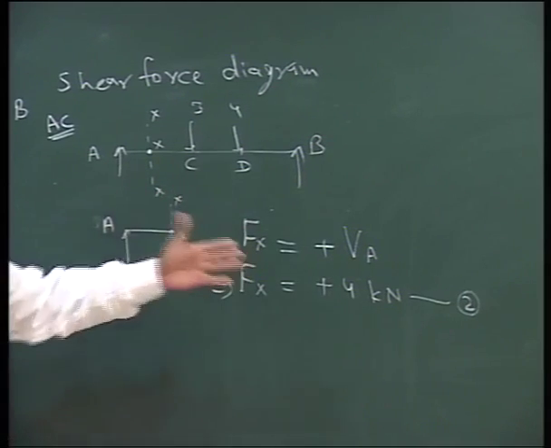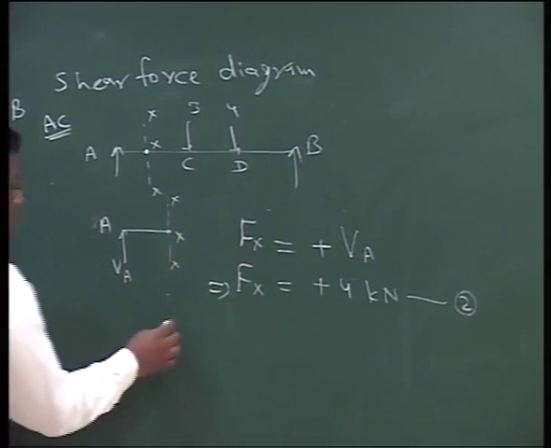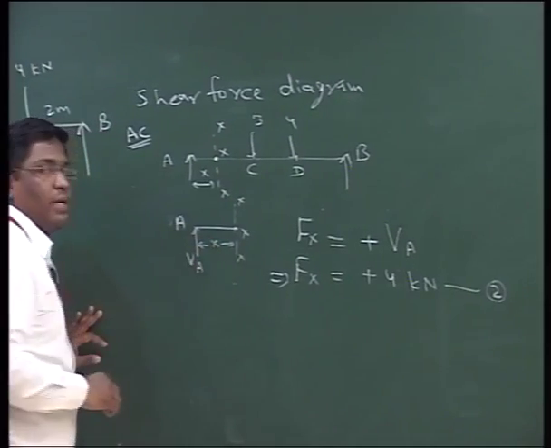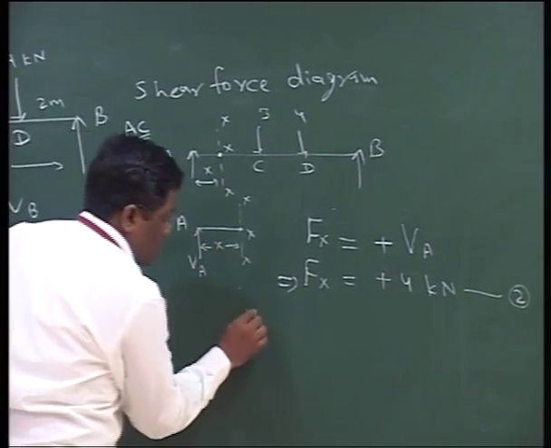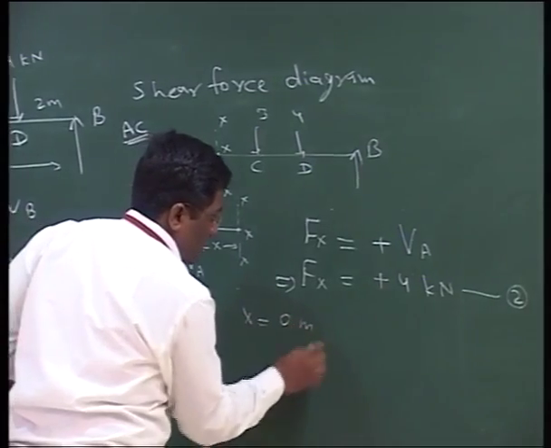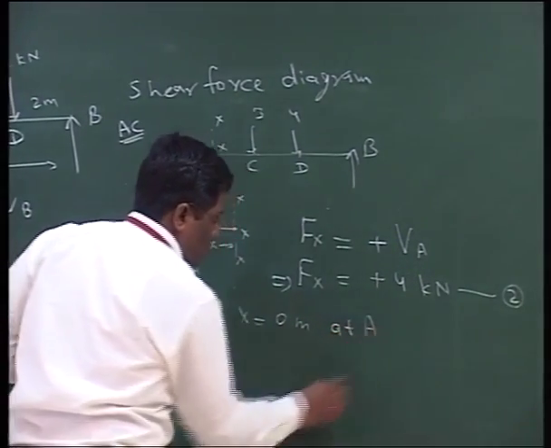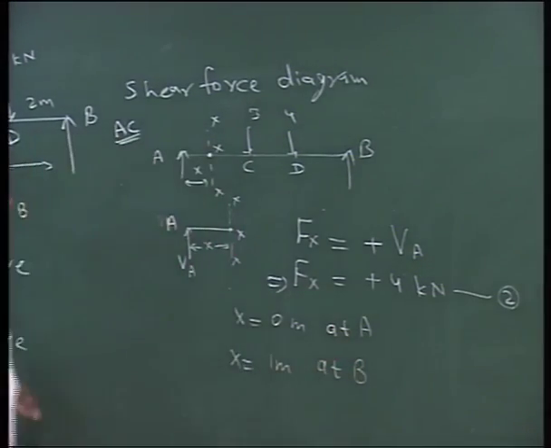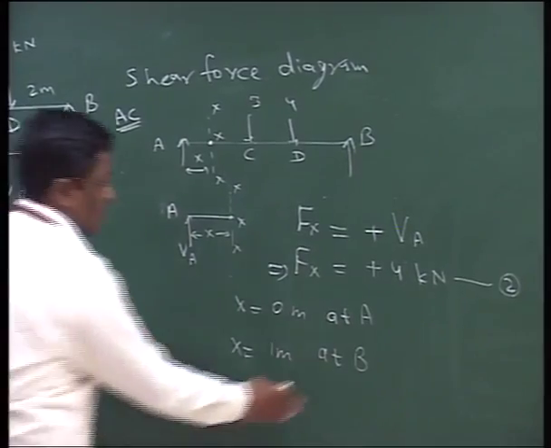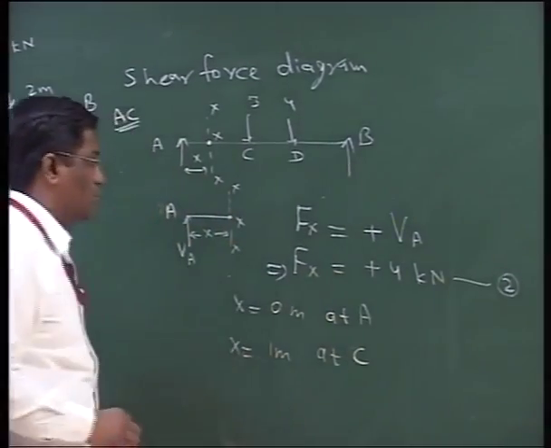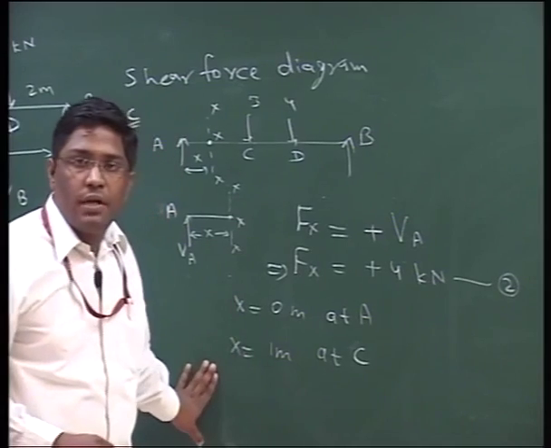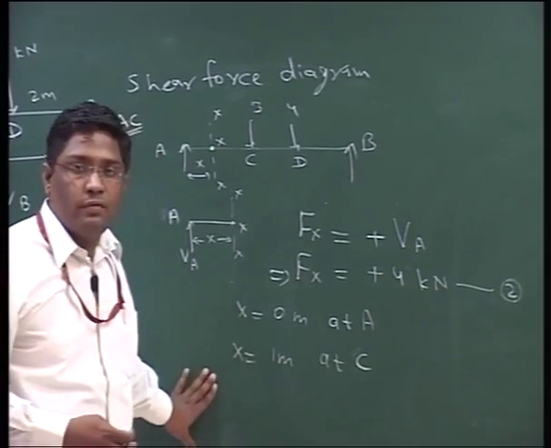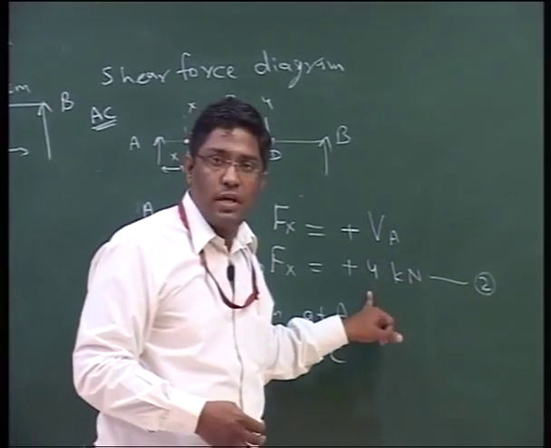So what will be the range of this equation? If the section we have taken is x meters from A, the range will be 0 meter, that is at A, to x equal to 1 meter, that is at C. These are the limiting values, x equal to 0 to x equal to 1, which we have to apply on this equation.